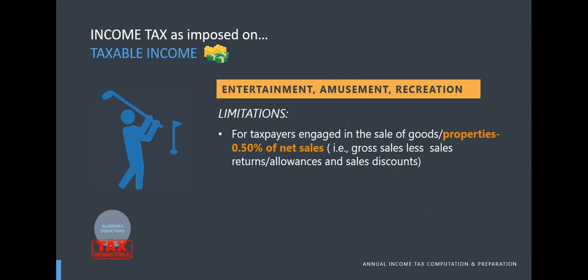Meaning, the taxpayer could not go over 5,000. So, if there are 100,000 worth of representation expenses, only the 5,000 will be allowed. The 95,000 will be considered as a permanent difference. So it could no longer be deducted for tax purposes. So baliktad ako. Sorry for the confusion.